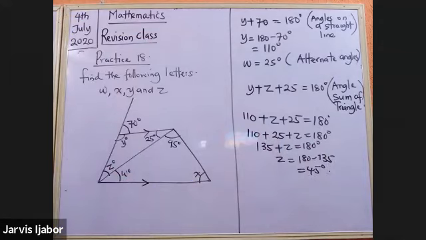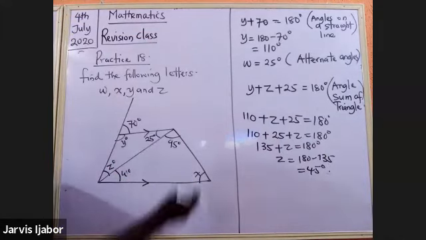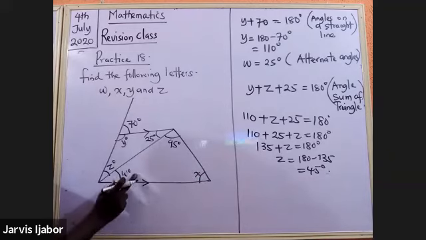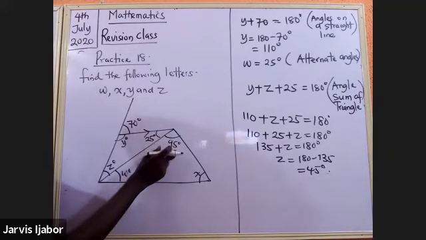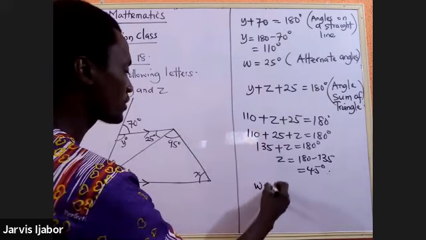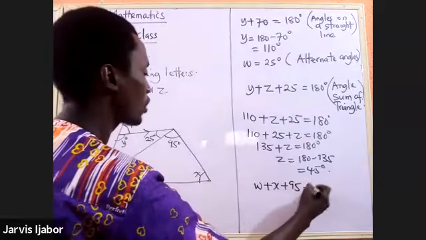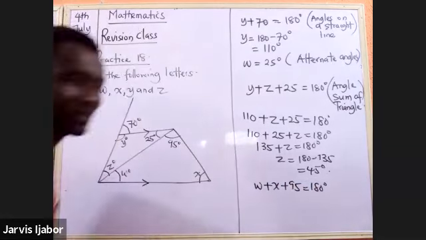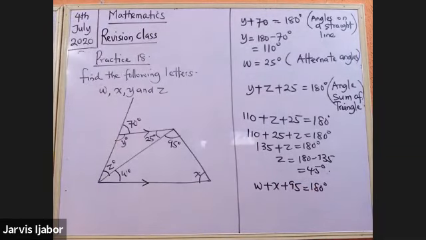With that in place, we need to get x. I already know w, I know this angle, but I don't know this angle. So what do I do? w plus x plus 95 is equal to 180 degrees. What is the reason? The reason again is angle sum of triangle.